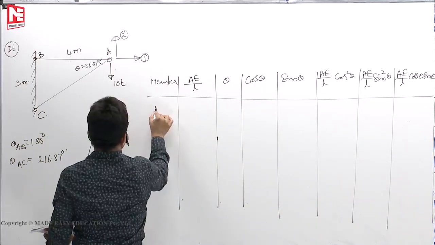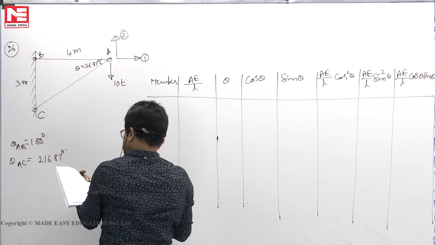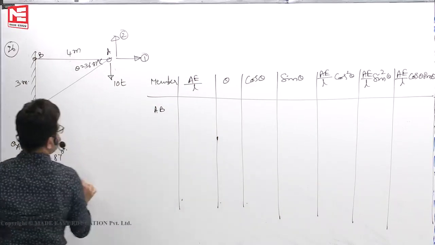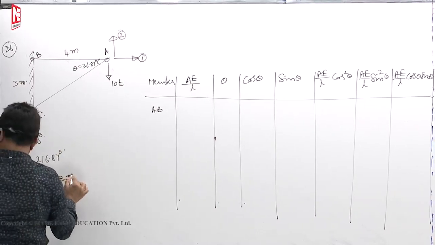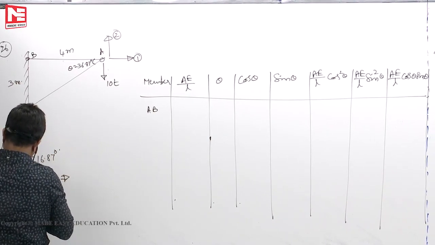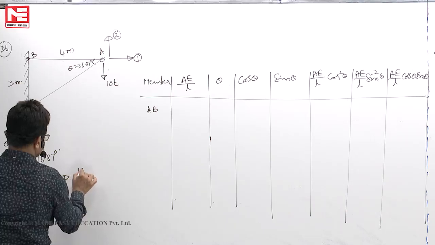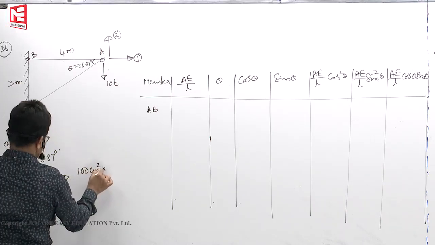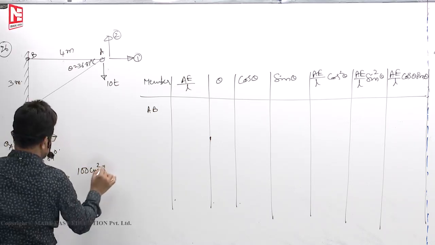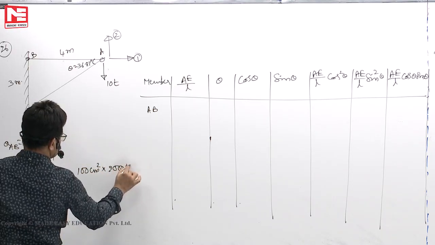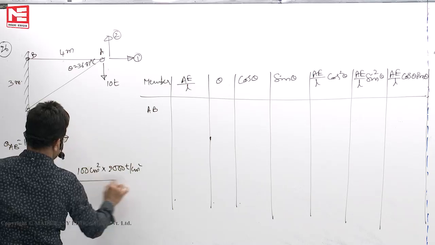Remember AB. For member AB, AE by L, 100 centimeter square. Young's modulus 2000 tons per centimeter square.